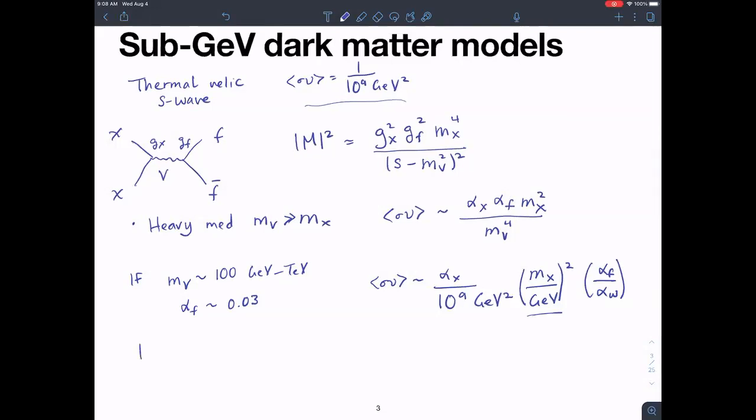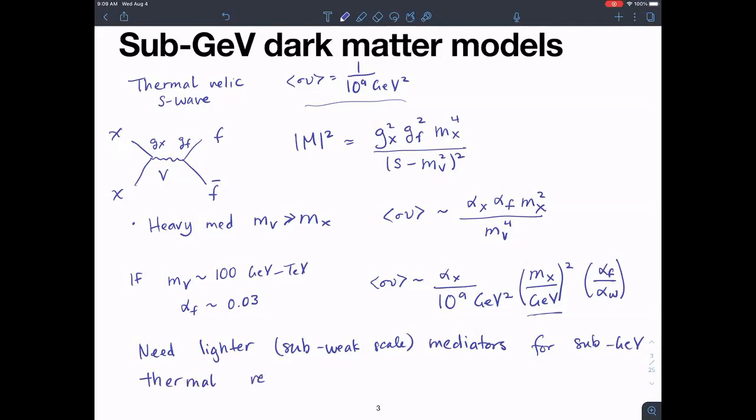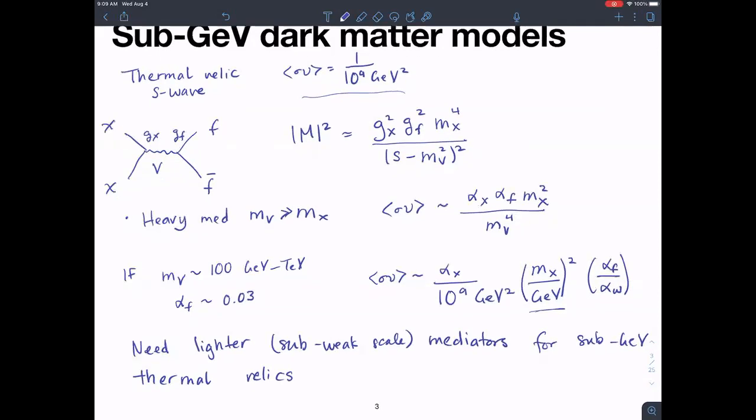Okay, so what that means is we need lighter, so sub weak scale, mediators for sub-GeV thermal relics. This is often called a Lee-Weinberg bound.